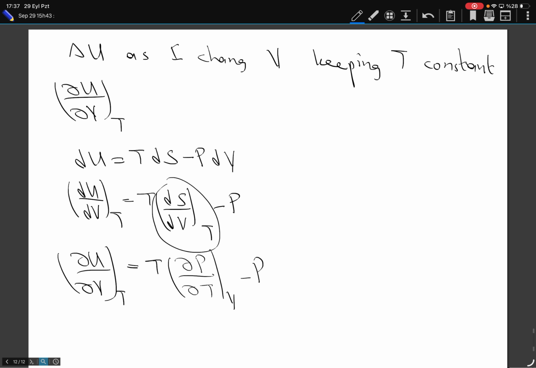Again, look at the right-hand side. Pressure, temperature, and volume, that derivative can be evaluated once I know the equation of state of the system. Whatever the system is, once you measure the equation of state, you can calculate the right-hand side, so you know the left-hand side.